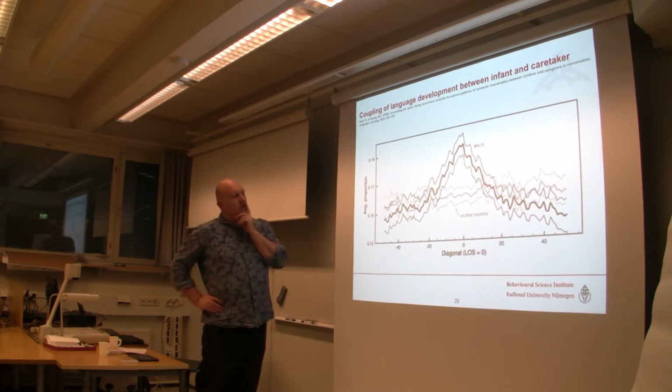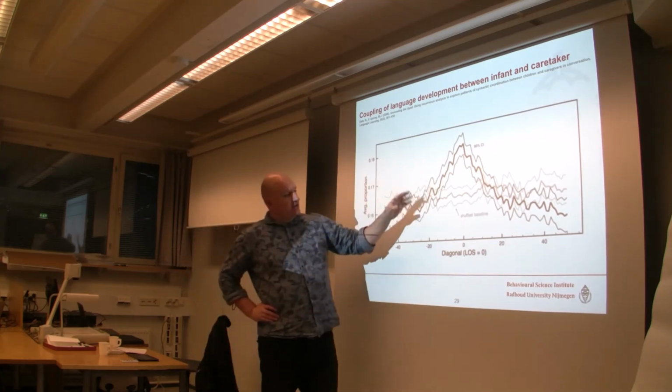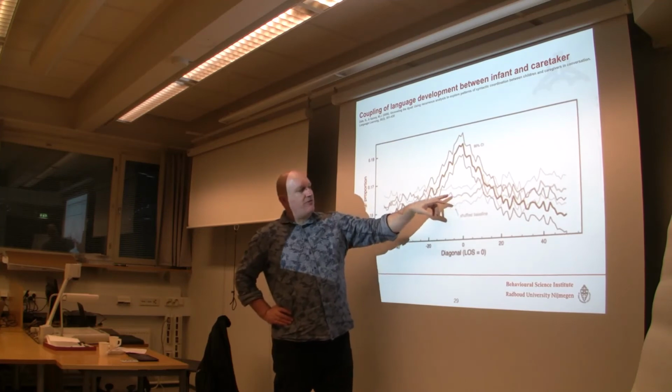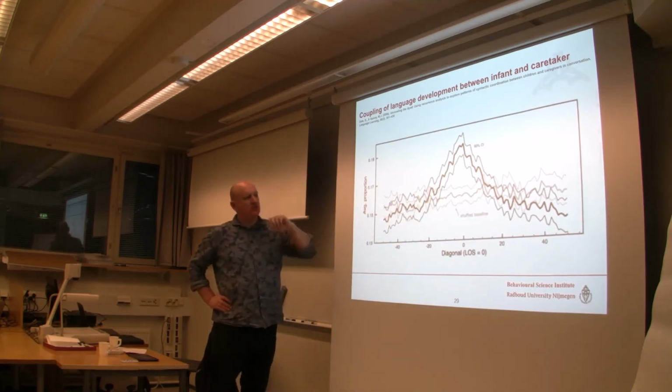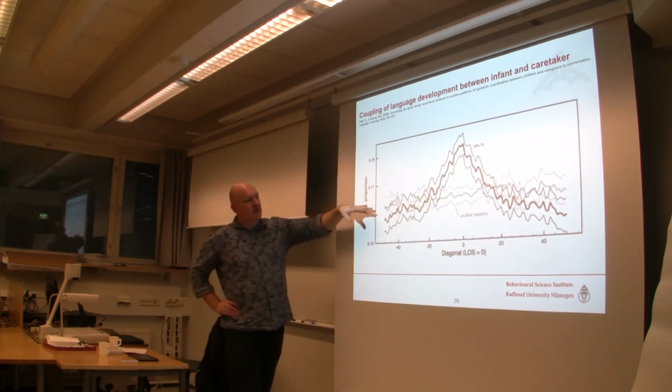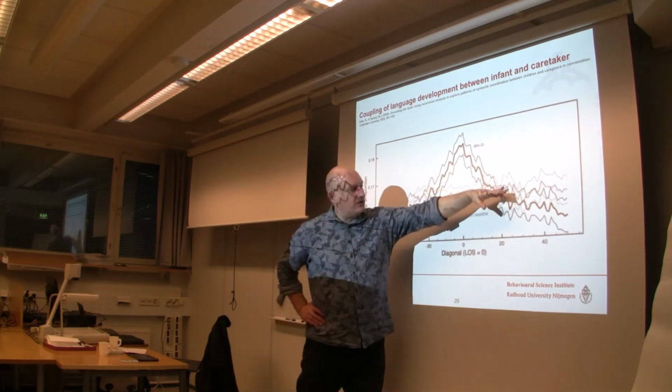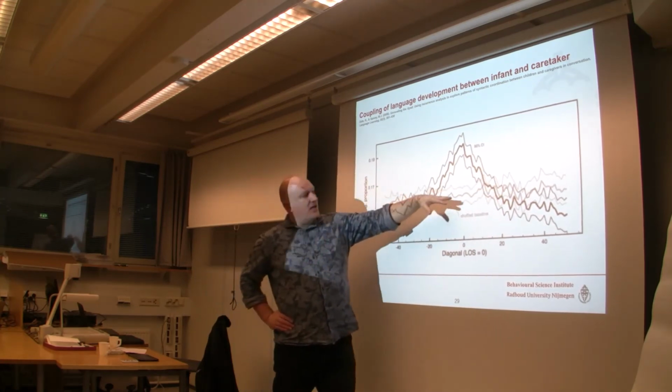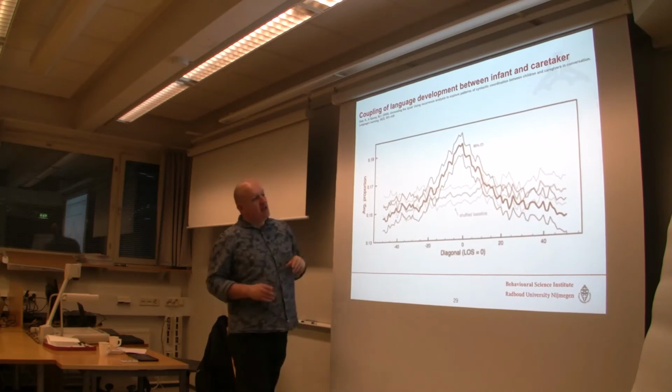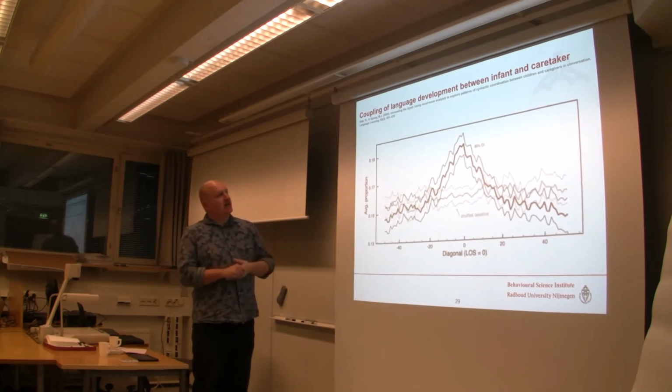But the way to do the shuffling analysis is, like I told you, you shuffle one of the time series, and in the diagonal profile you can then report this as a line, a shuffled baseline. That's what they call it.